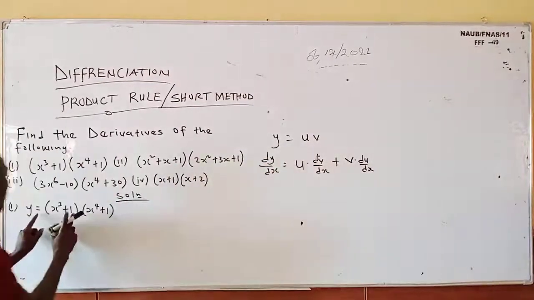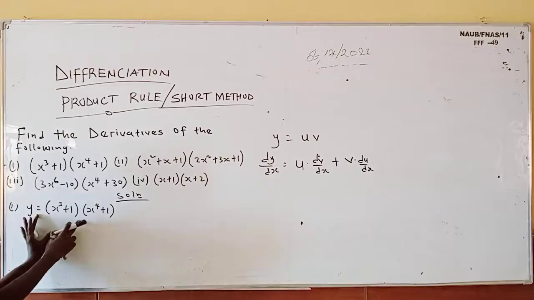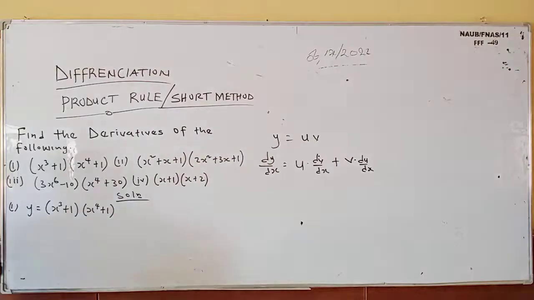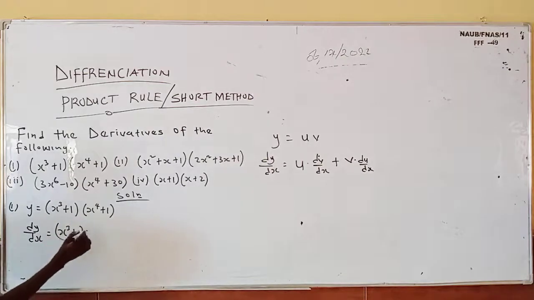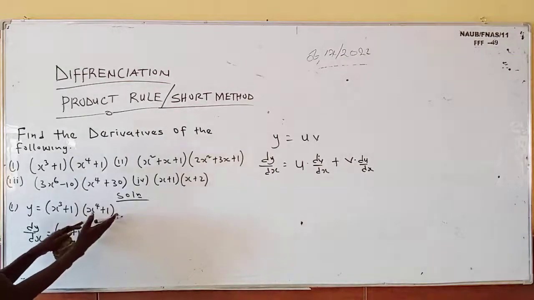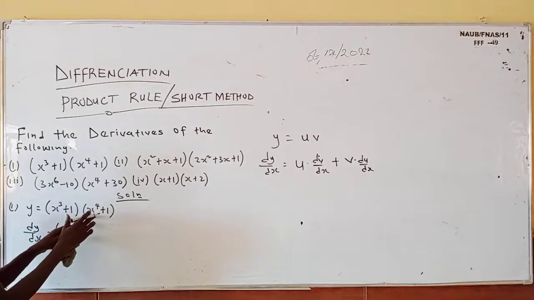So this is the first bracket you are going to pick. You write it, you don't touch it. dy/dx is equal to, let's pick this first, we don't differentiate it, x cubed plus 1. Now we multiply it with the differentiation of the second bracket in respect to x.